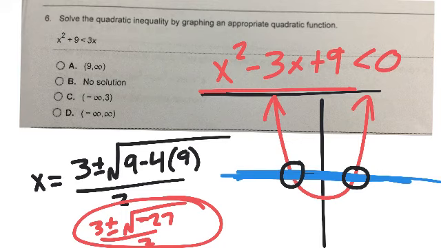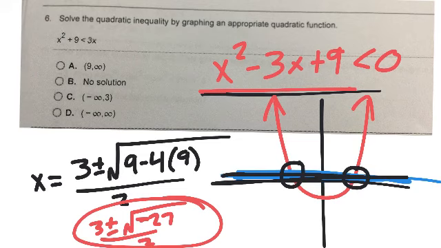It will give me an imaginary answer, which means there are no real x-intercepts. So my graph must look something like what's in the yellow here, where it's going to change its direction but never get to the x-axis. So it has no x-intercepts, so that means it's never going to be beneath the x-axis.